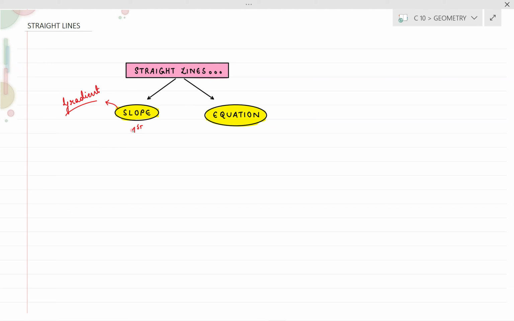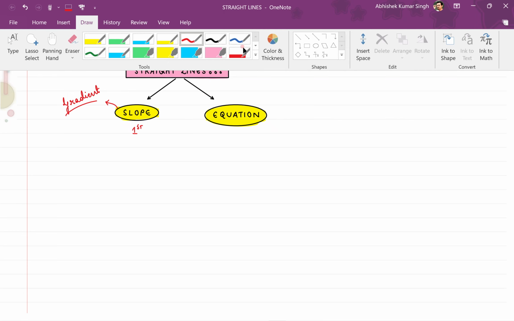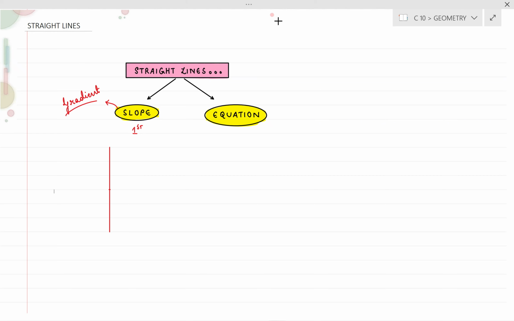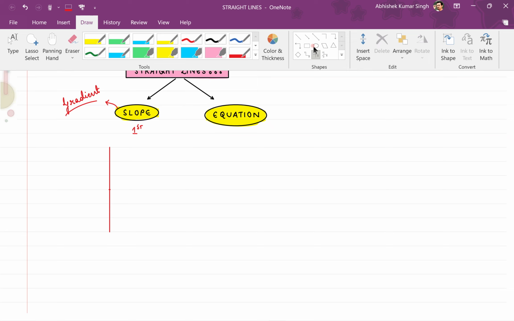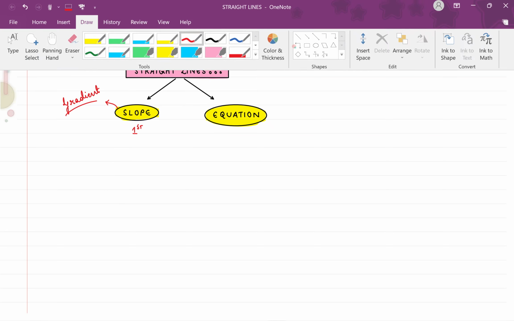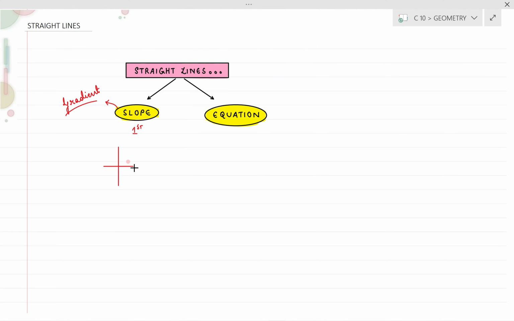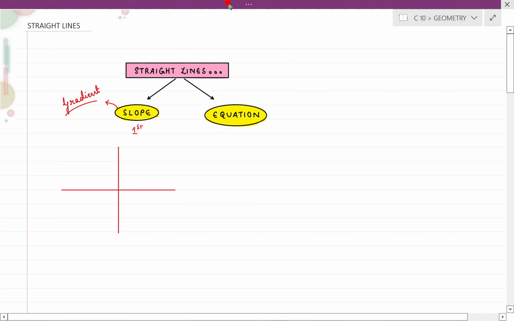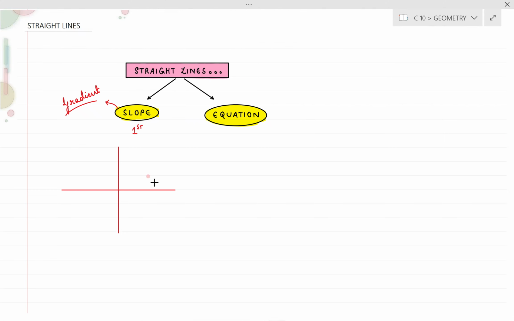So in this case, let us first consider a graph. Let us consider a straight line.